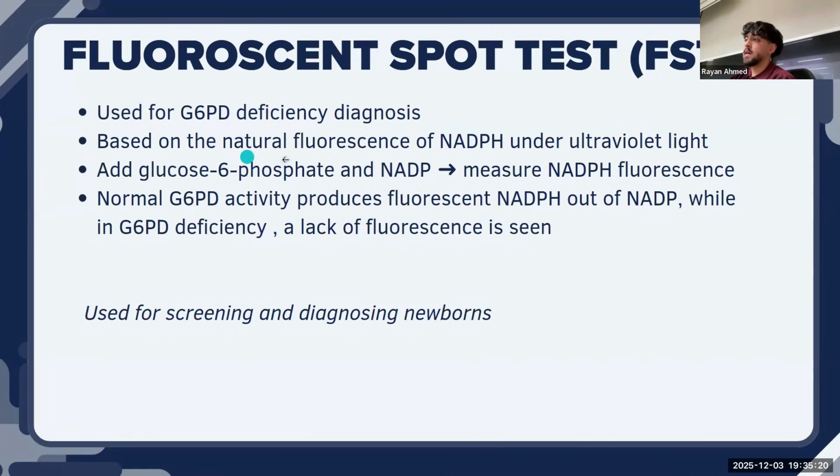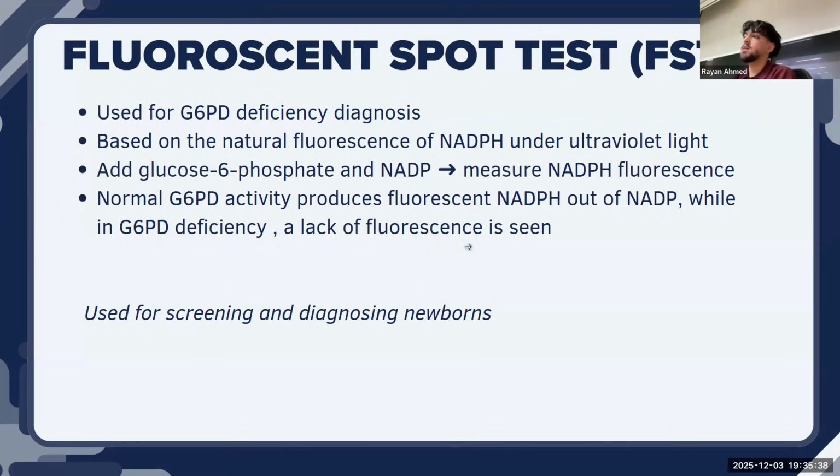Through the natural fluorescence, we measure NADPH fluorescence. Normal G6PD activity produces fluorescent NADPH. You're going to see fluorescence out of NADP, while in G6PD deficiency, you're not going to see any fluorescence. It's basically used for screening and diagnosing newborns.